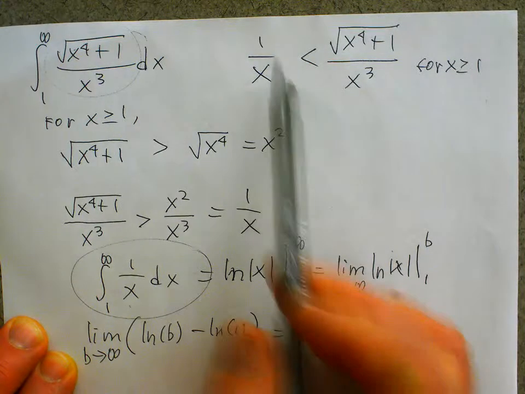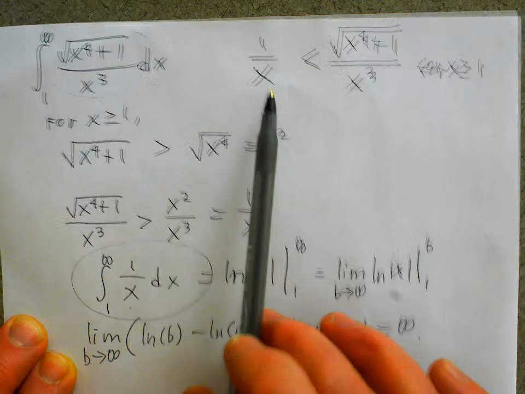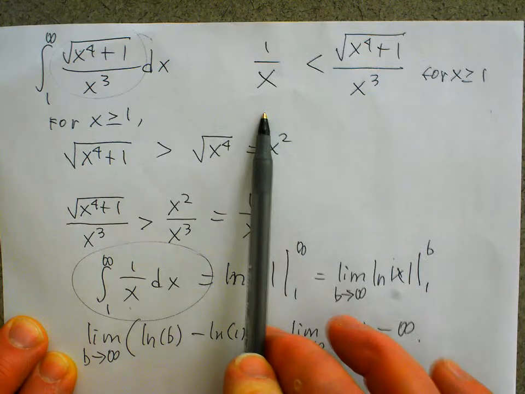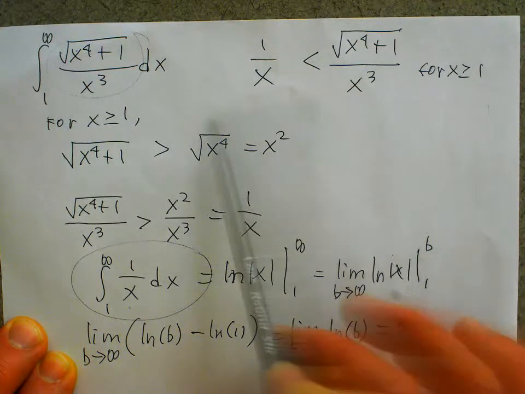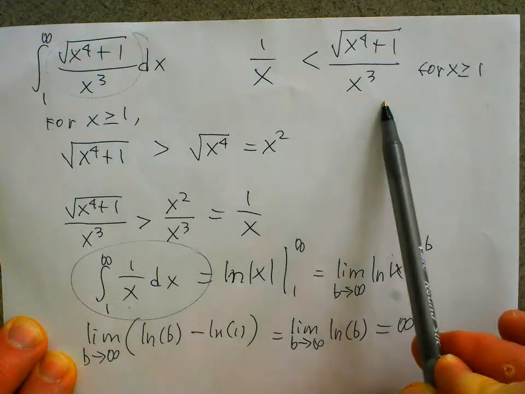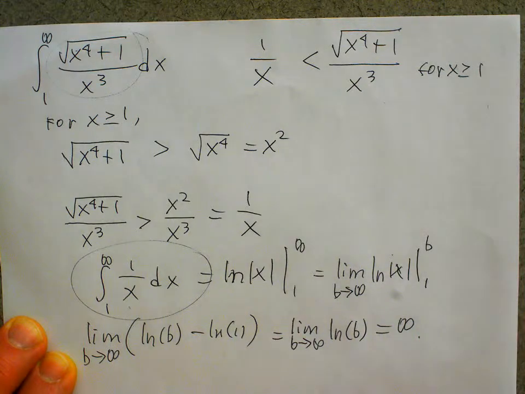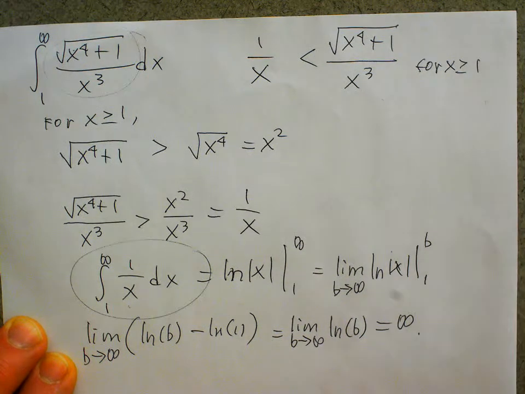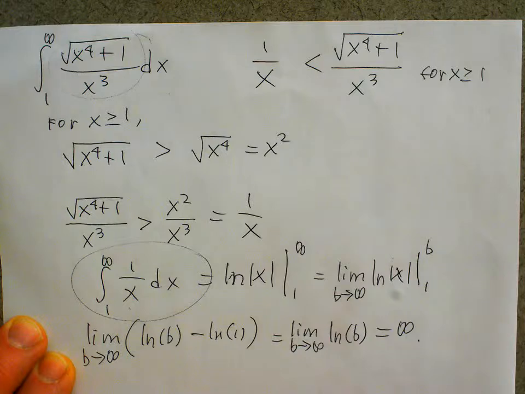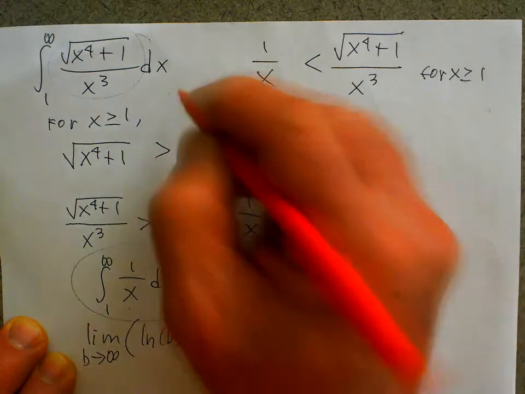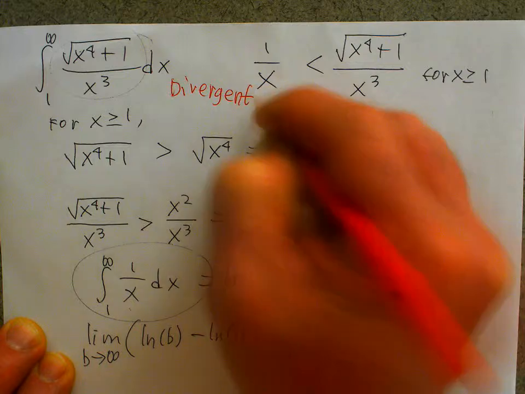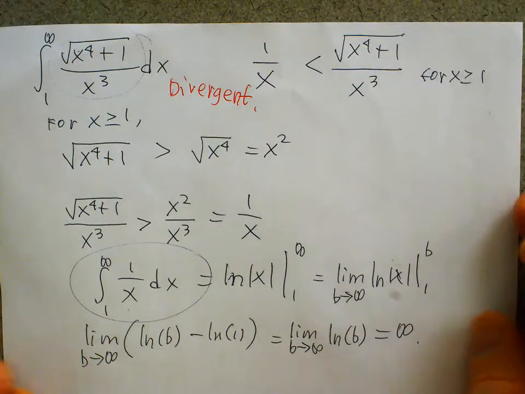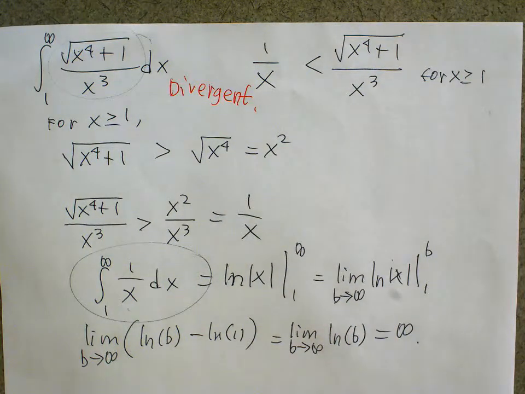And since the improper integral of 1 over x from 1 to infinity diverges, then any function that's greater than that one on the same interval will also diverge. So the answer is divergent. So are we all in agreement about that? Okay.